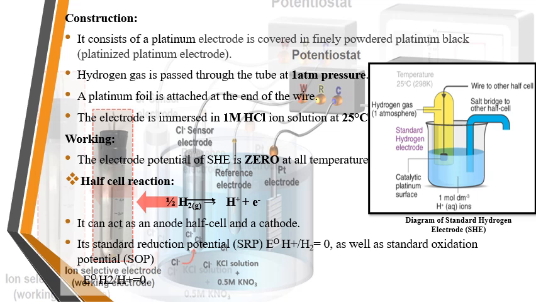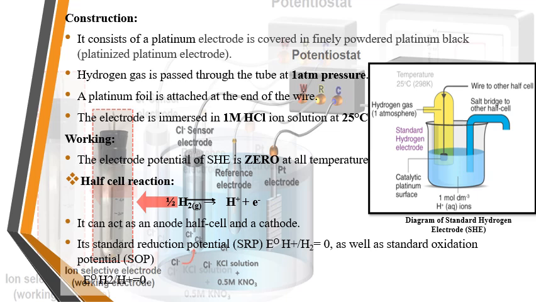The design often includes a mechanism to ensure uniform gas distribution and minimize bubbles or turbulence that could affect the measurement. The platinum electrode and the acid solution are housed in a suitable electrode body, often made from materials like glass or plastic that are resistant to chemical attack. The assembly must be sealed properly to prevent leakage of the acid or hydrogen gas and to ensure stable operation.